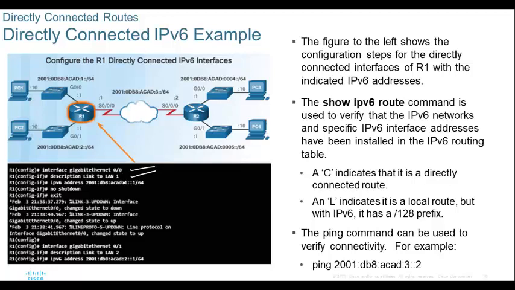You can leave it if you want. And then instead of typing IP address, you type IPv6 address. We usually type IP space address and then the address. But for IPv6, you type IPv6 address and then the IPv6 address, and then you need to bring no shutdown. As soon as you say no shutdown, you see the link comes up. That's all. Likewise, you go to another interface and configure another IP address.